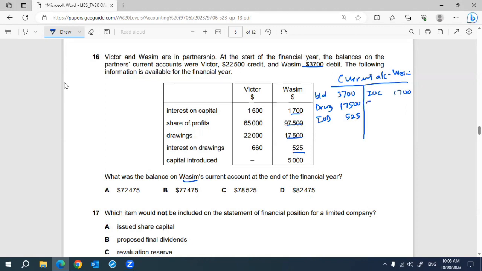And we have the share of profit. Since it's a profit, the figure is entered on the credit side. So the credit totals would then be 99,200. So therefore, the balance would be 77,475. So this would be the answer to the question. Current account for Wasim. The balance at the end of the year is 77,475. Hence, the answer is B.